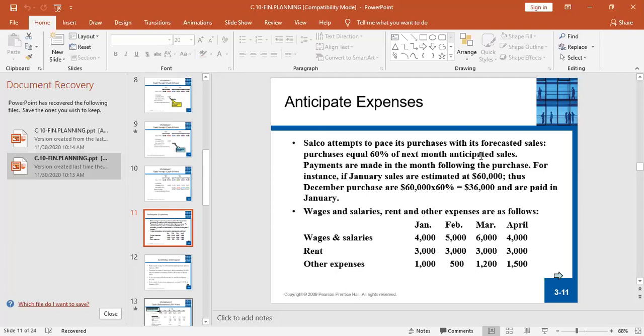So basically, you have to understand what the question wants to tell you. Okay. So if January sales are estimated at 60,000, thus the December purchases are equal to 60,000 times 60%. So December purchases equal to 36,000 ringgit, and it will be paid in January. You see the story?